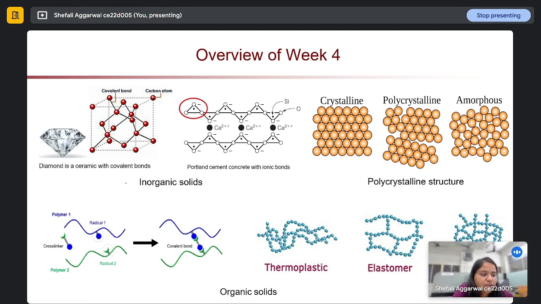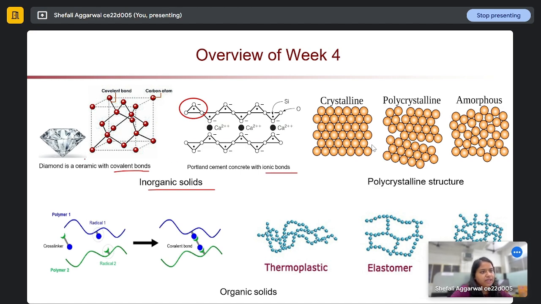So, what are the inorganic solids? They are non-metallic elements or a combination of metallic and non-metallic elements. Normally, they are also called ceramics. These inorganic solids mostly have covalent and ionic bonds.